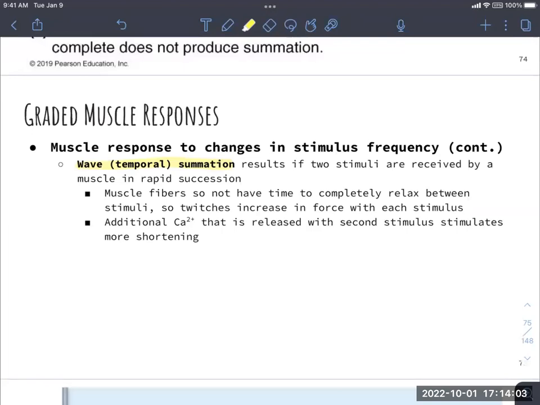Those twitches start to increase in force even more with each action potential that is sent. The force of contraction becomes stronger. And that happens because additional calcium is released with that second stimulus. That's what causes your muscles to shorten even more.